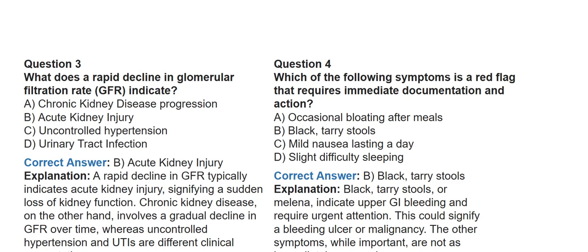As we remember, within this session or the slides of this lecture, we explained that symptoms needing immediate documentation and action or immediate attention would be, for instance, unintentional weight loss, persistent vomiting, and black tarry stools. And so the black tarry stools here, which is B. Black tarry stools or melena indicate upper GI, gastrointestinal bleeding and require urgent attention. This could signify a bleeding ulcer or malignancy. The other symptoms, while important, are not as immediately concerning.